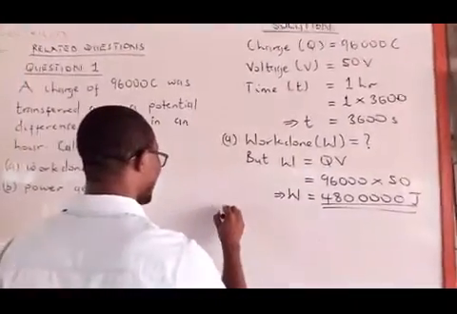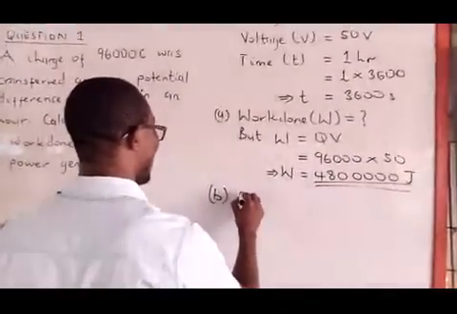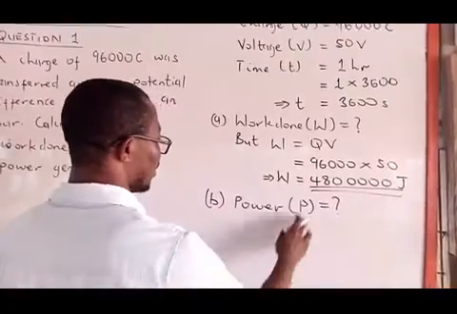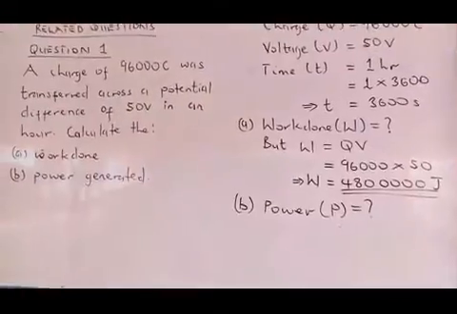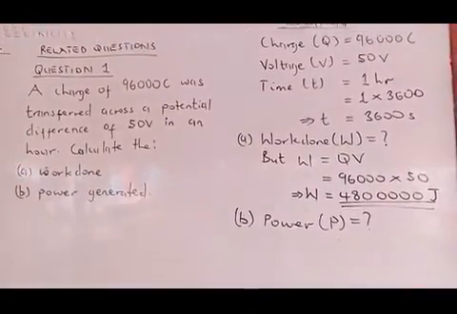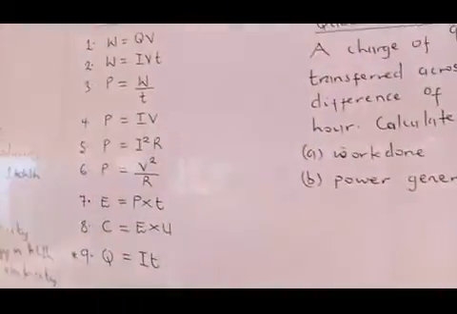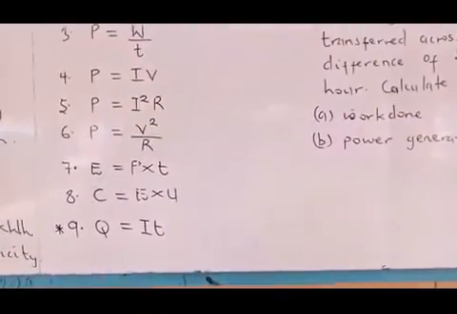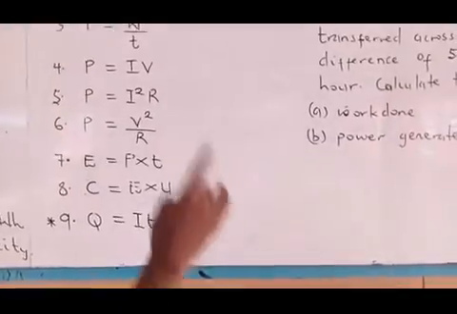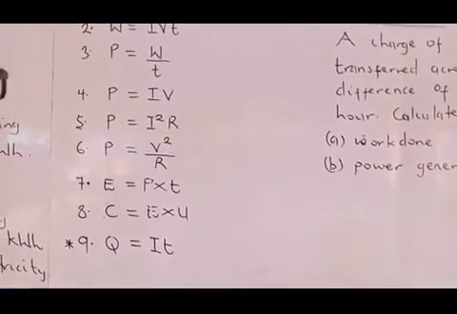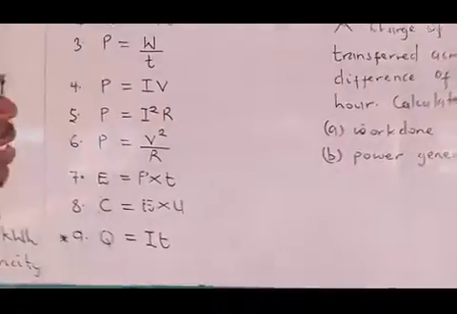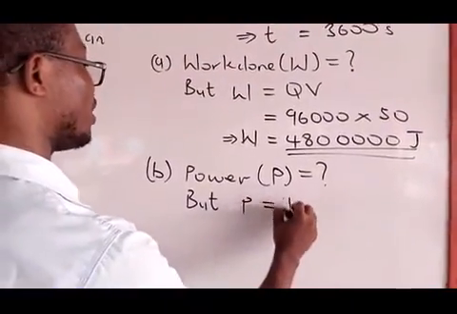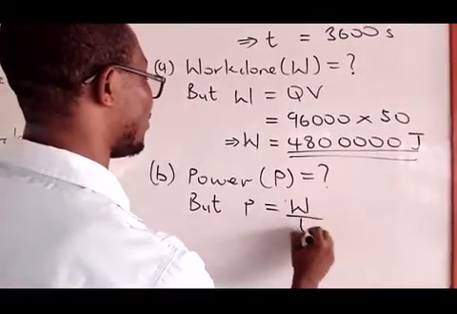And then B is asking to find the power. From equation 3, power is equal to work done over time. We've calculated the work done. We also have the time given in the question, so we can calculate the power using equation 3. So the power is work done over time.